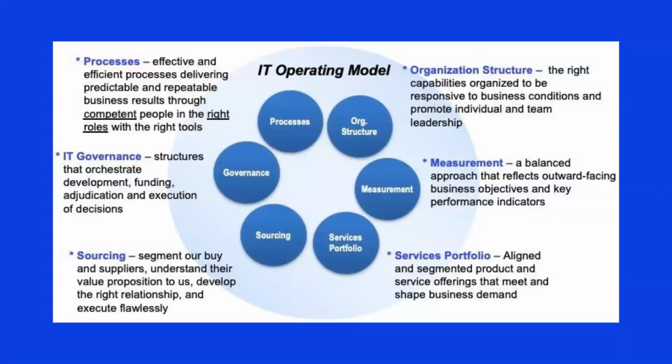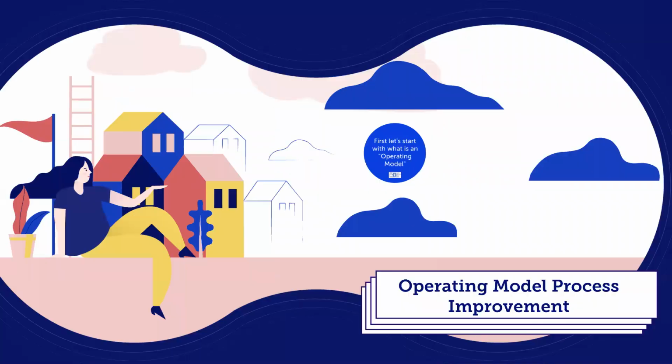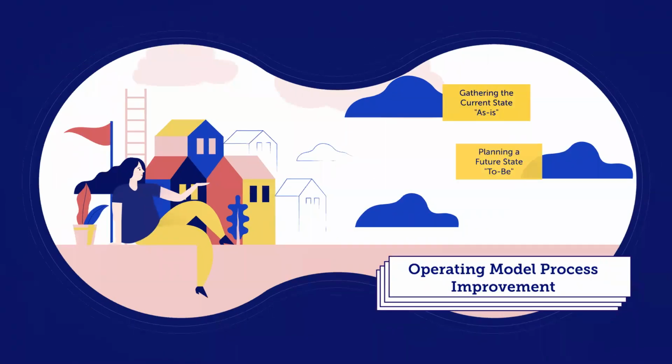Right? So the first thing we're going to talk about is gathering a current state. Then we're going to talk about planning a future state, or a ToBe. And then we're just going to finish finally on a summary and a few takeaways in there.